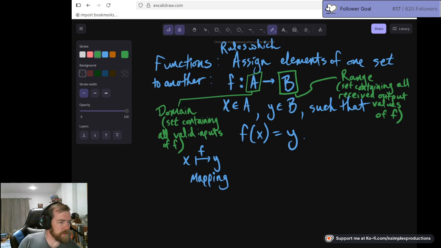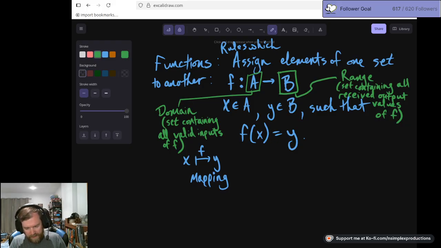Now, generally speaking, these are only going to have valid input values of f as the domain, and only received output values for the range.